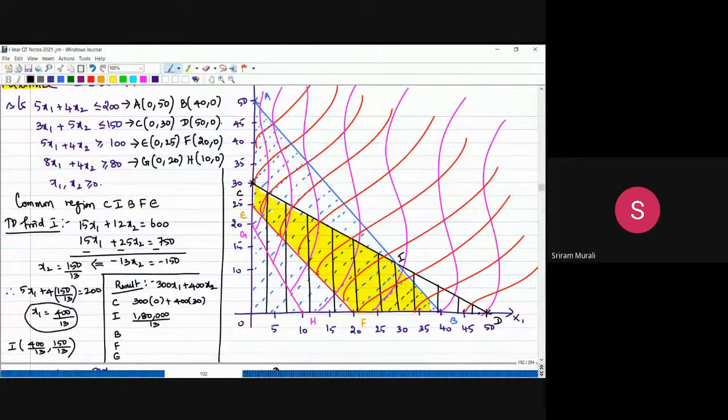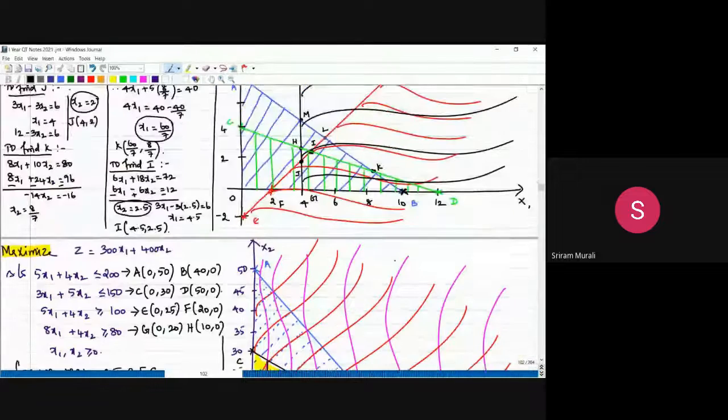At B, it says 12,000. At F, it says 6,000. At E, it takes 10,000. So of the 5 outputs, which is the maximum? Z attains the maximum at this point. Have you all understood?